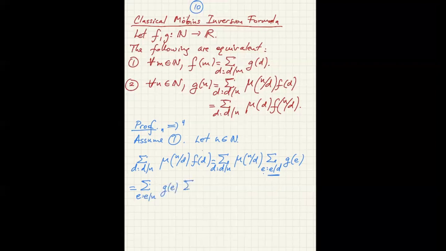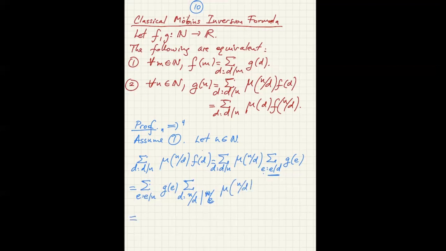And here I'm going to have a sum over what? Well, it's going to be over all d's. And now what happens is, when e divides d and d divides n, it turns out that n over d is going to divide n over e. And this is a sum of mu of n over d.